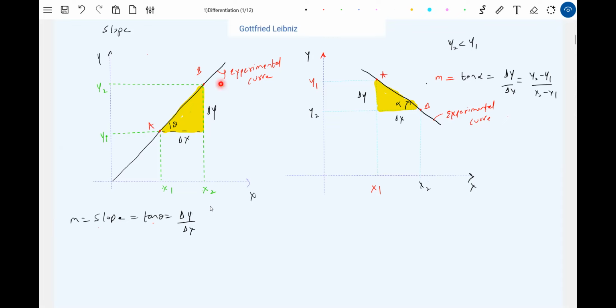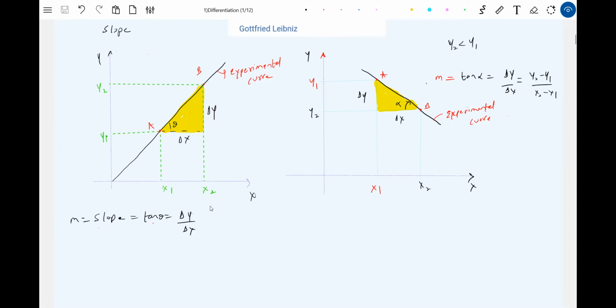Then how do we define the slope? Delta Y by delta X. So I'll take the protractor, measure theta, and tan theta of that is the slope. This is the geometry method. Then the analytical method is what I'm showing: find delta Y by delta X.